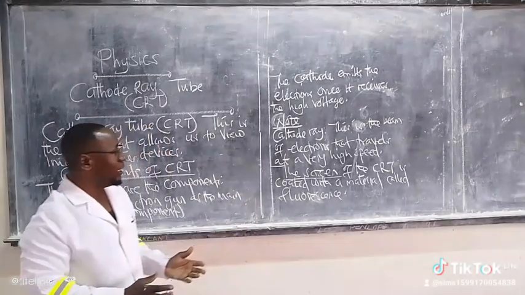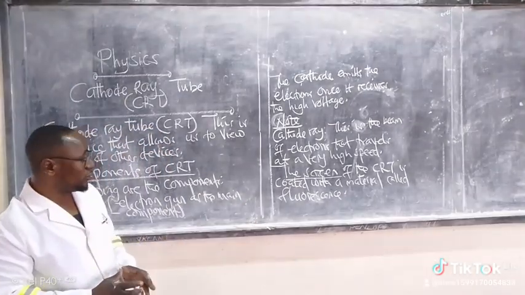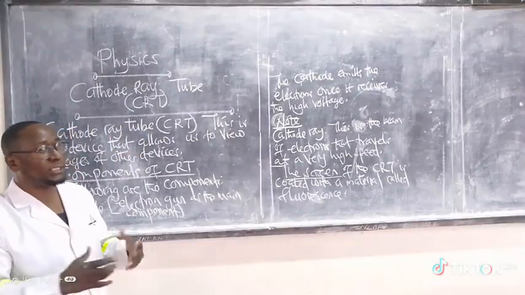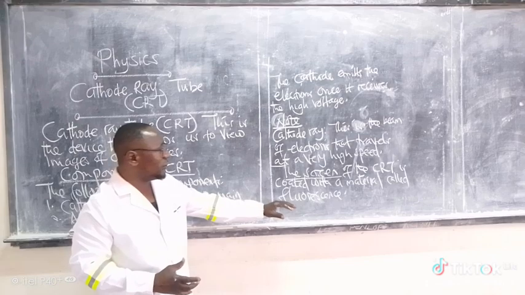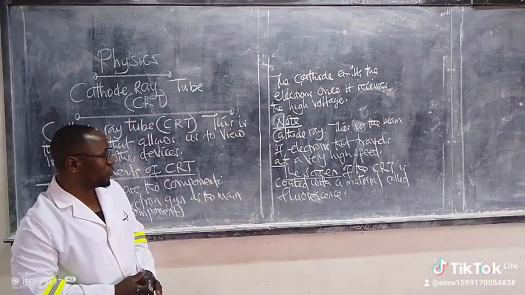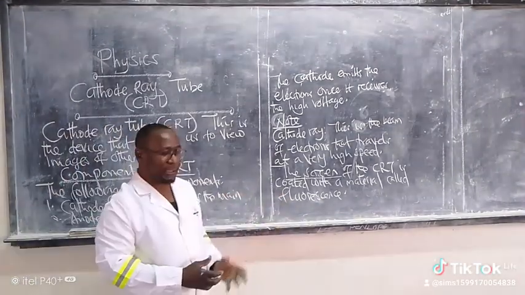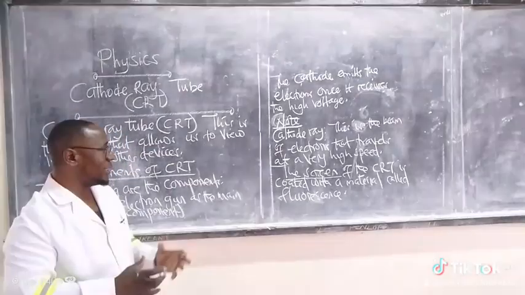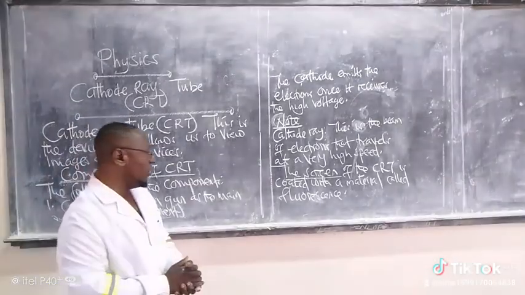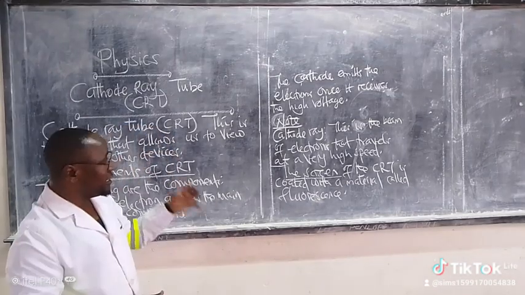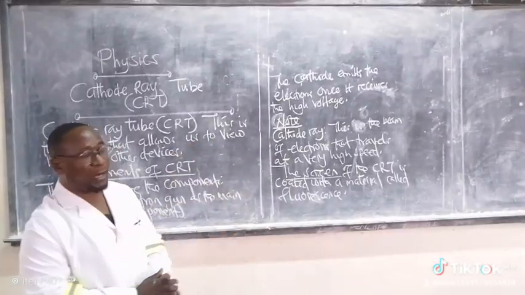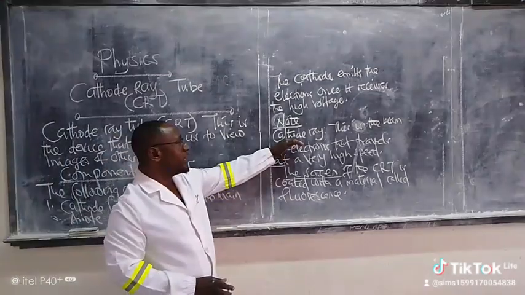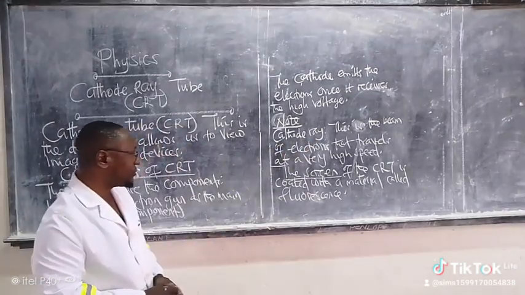This material, once it is bombarded with a lot of electrons, is going to glow, or rather it will produce light. That is the purpose of coating the screen of the cathode ray tube with the fluorescence. It is a special material which will glow once it receives the bombardment of the electrons, as these electrons are produced by the cathode and form a beam of electrons that we call the cathode ray.